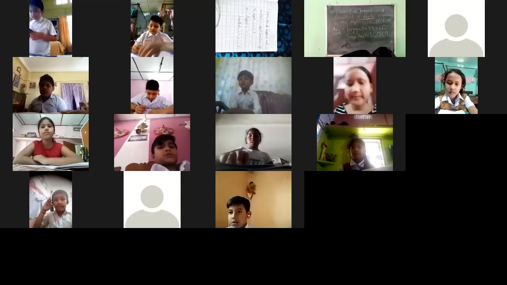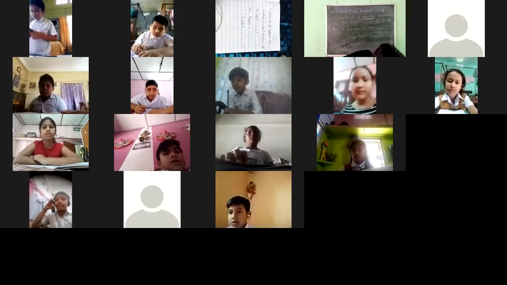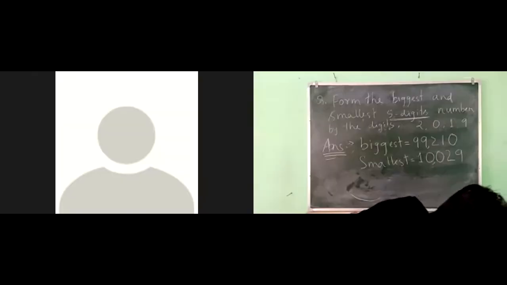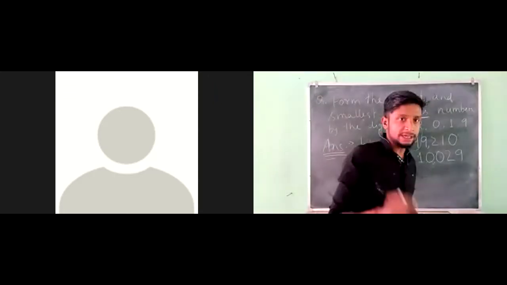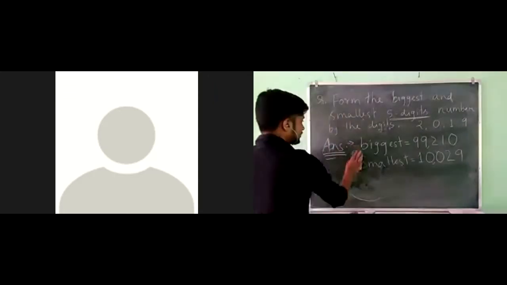Okay, very good. Now I will give one question and I will ask only one student, who will unmute the audio and tell me the answer. Be ready, all of you.